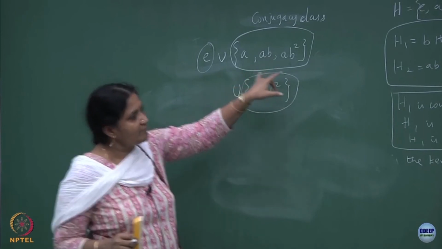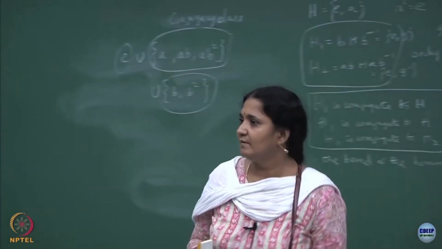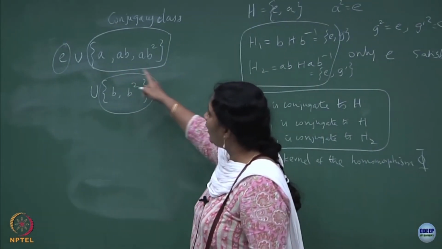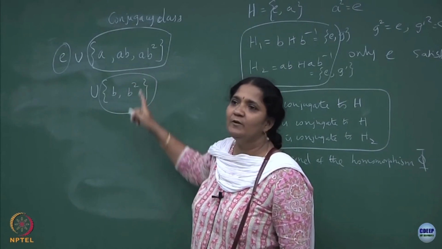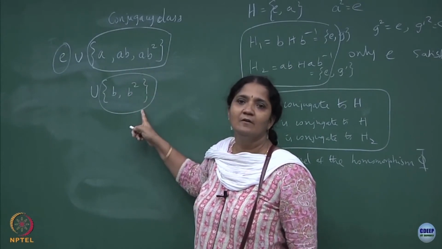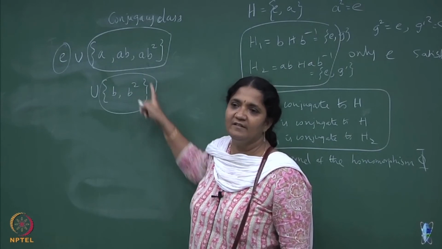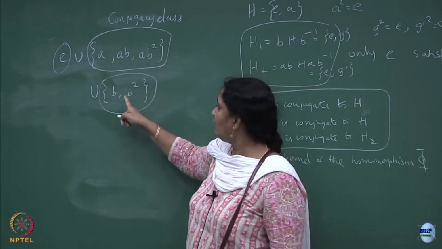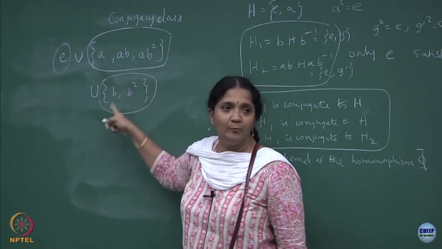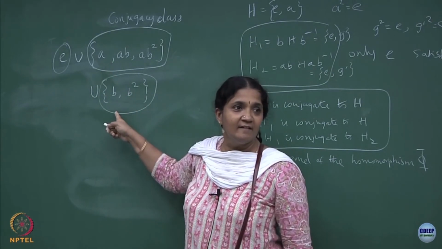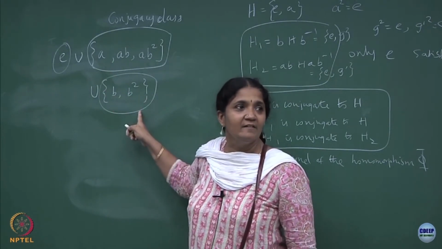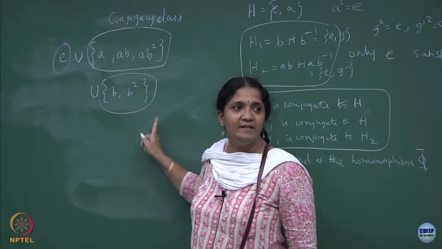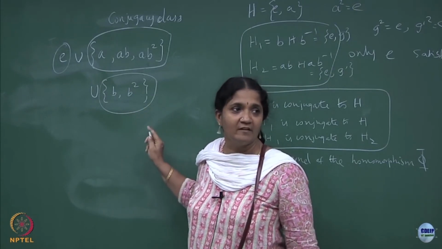We have already checked a couple of elements and you will not be able to find any overlap between conjugacy classes. Conjugacy classes are distinct. So, you cannot make B and A become conjugate and so on. B and B squared are conjugate to each other; they will be related by some similarity transformation.